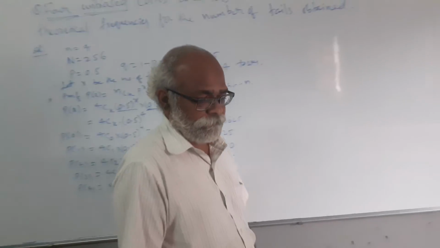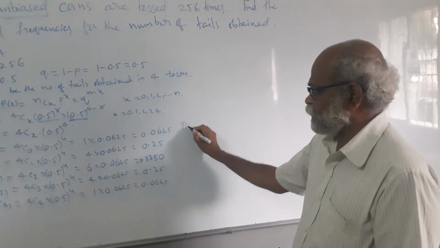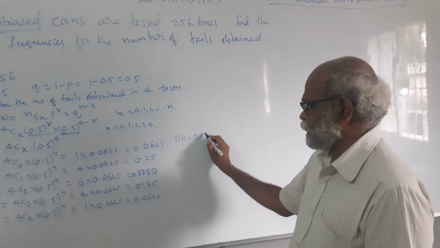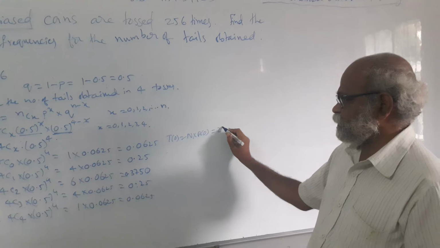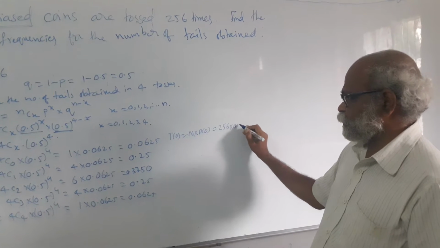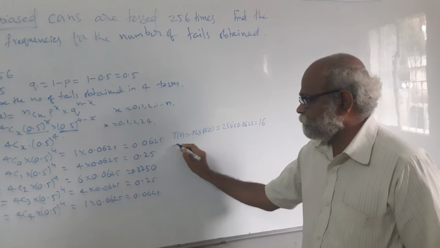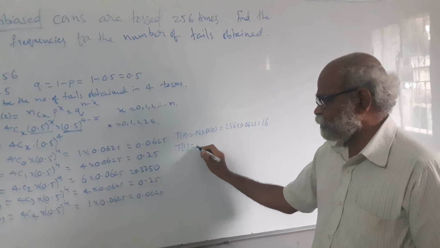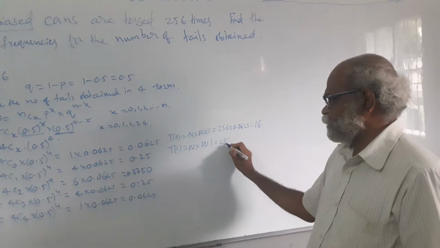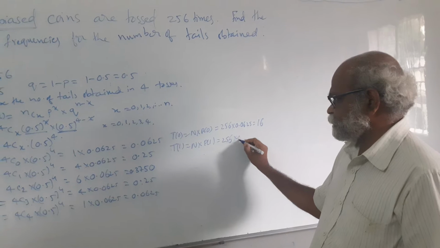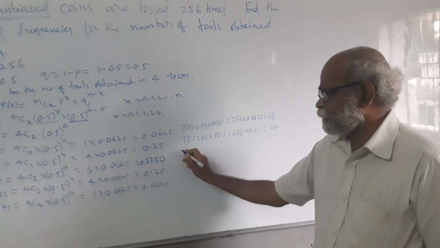I need the theoretical frequencies. So T0 equals capital N into P0, that is 256 into 0.0625, that is 16. Then T1 is N into P1, that is 256 into 0.25, that is 64.